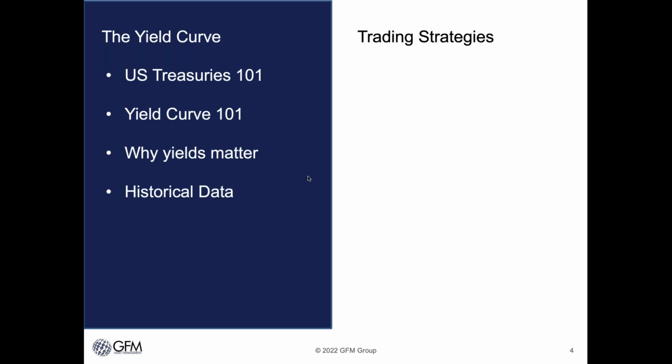I like to provide lots and lots of historical data. And usually when I look at the history of anything, I try to go back a long way so that we can see, for example, what happened to the US yield curve in the 1970s when there was very, very high inflation. What happened in the 1990s when internet stocks also did really, really well. What happened in the 1940s when there was a world war.